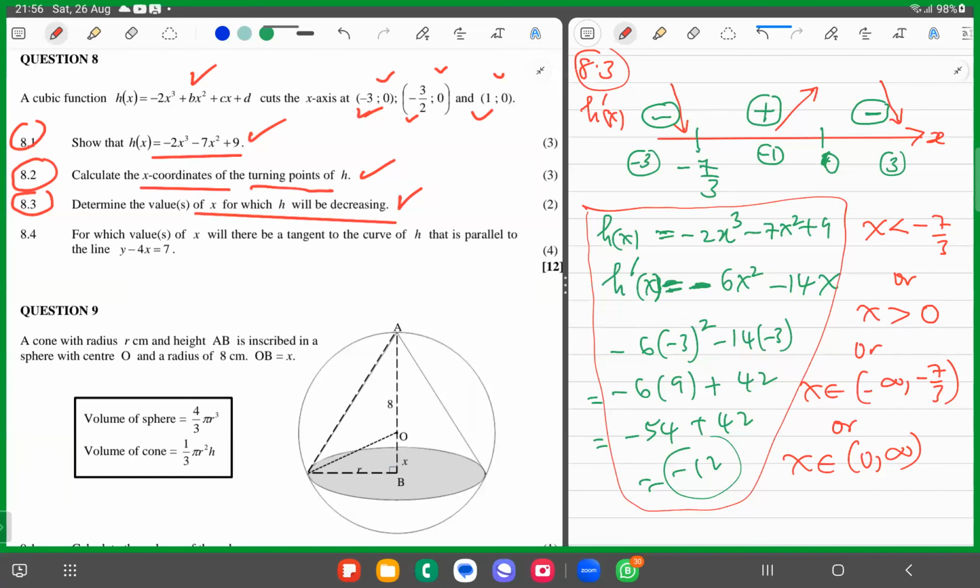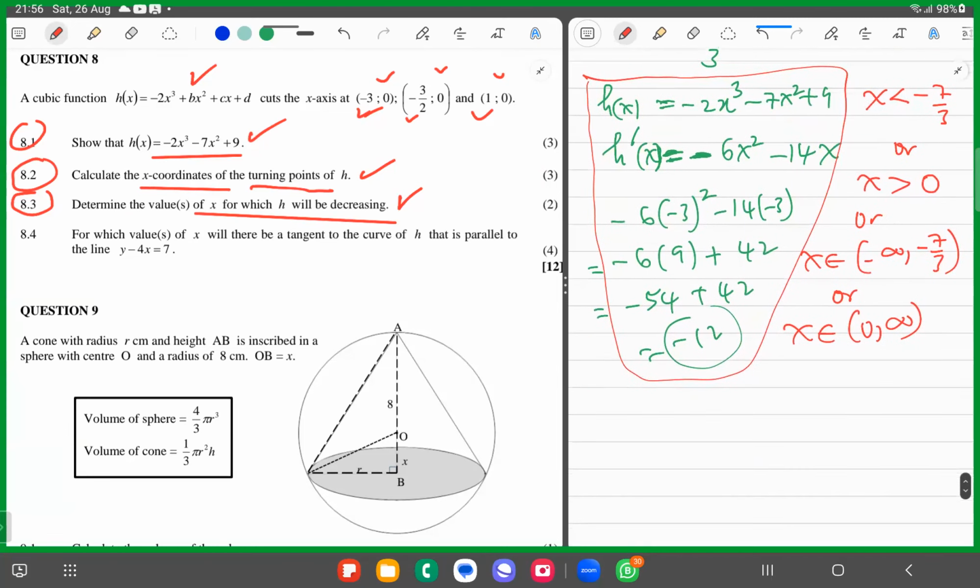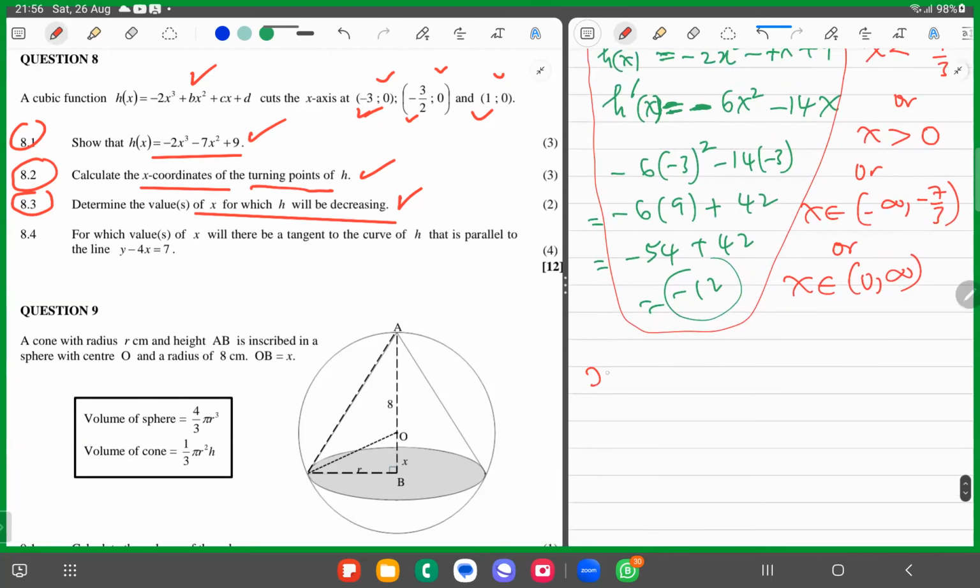That is the answer. So the values of x for which h will be decreasing, we found that. You can write x is an element of the interval from -infinity to -7/3, union 0 to infinity.